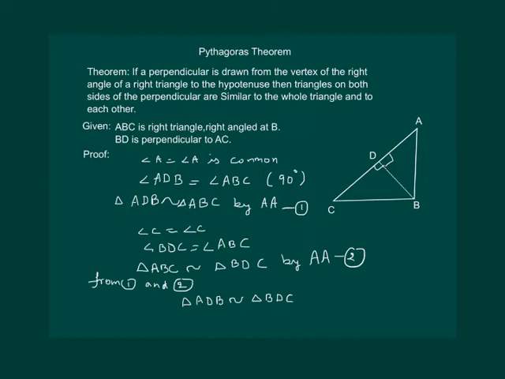Hence we have proved that if a perpendicular is drawn from the vertex of the right angle of a right triangle to the hypotenuse, then triangles so formed on both sides of the perpendicular are similar to the whole triangle and to each other.